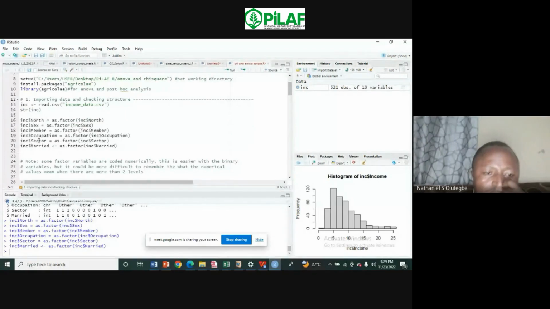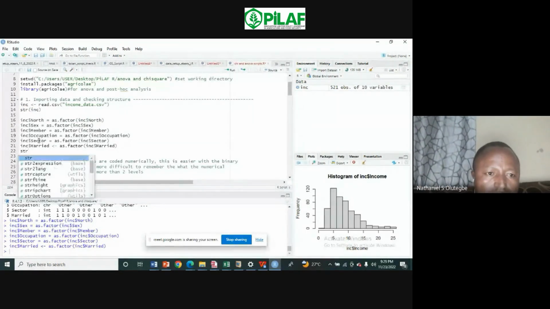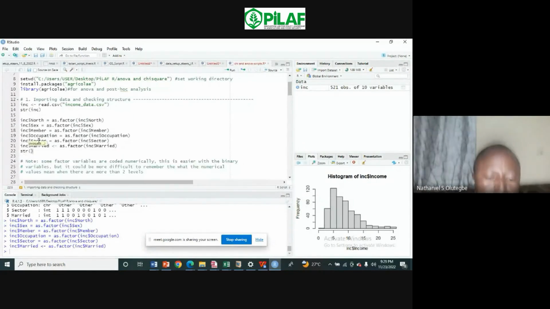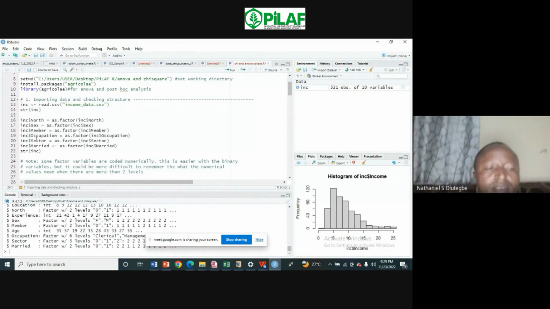By the time you run the structure again to check, you discover that those variables have actually been converted into factor. It's important that they are converted into factor, otherwise R may mistake them for either a continuous variable or an integer. That's why we needed to do that.